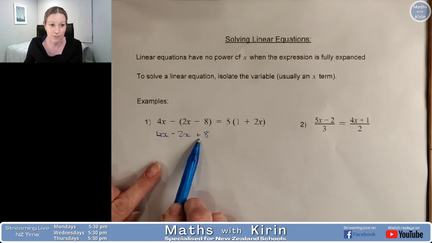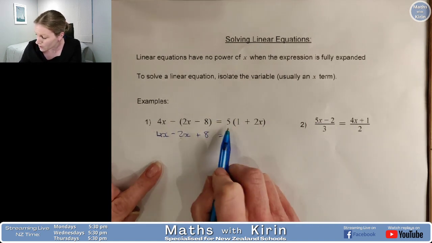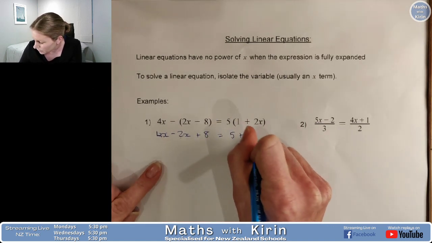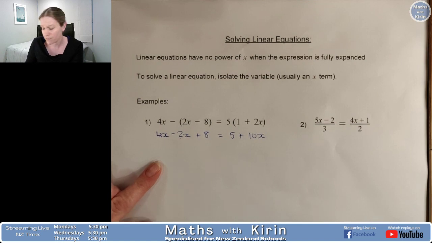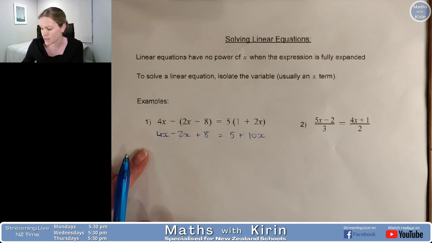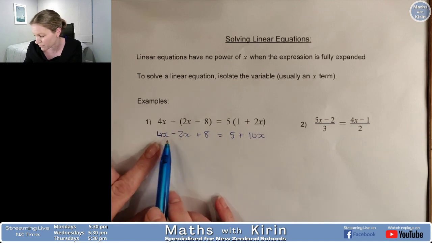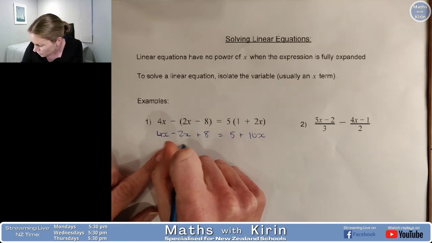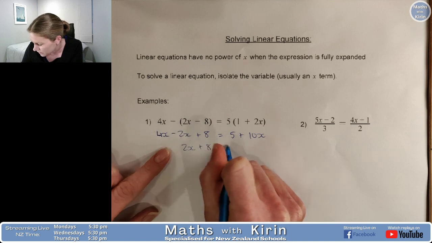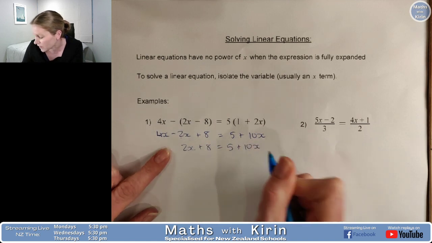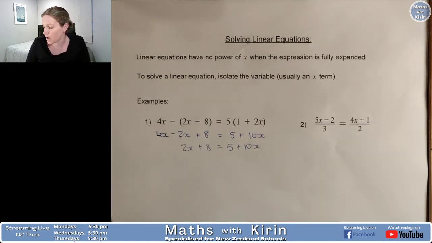Minusing a negative 8 means that we're actually adding it, and that's going to be equal to 5 plus 10x. From here, we want to tidy up the left-hand side, and then we'll start moving across the equal sign. If we've got 4x and we take 2x away, we're left with 2x plus 8 is equal to 5 plus 10x.